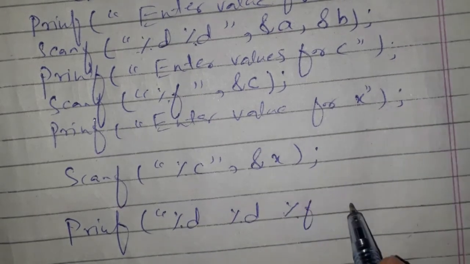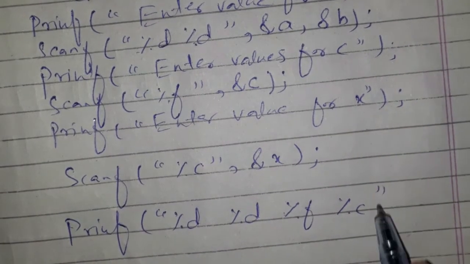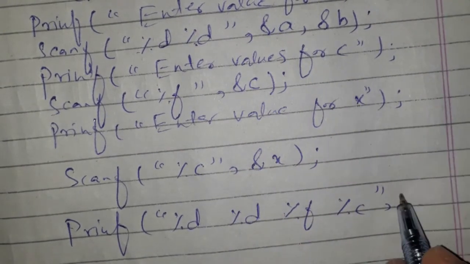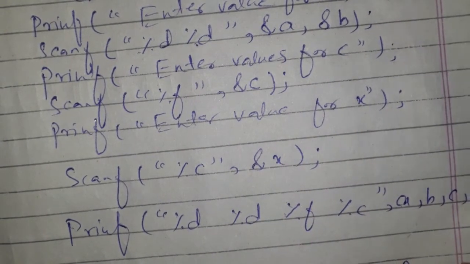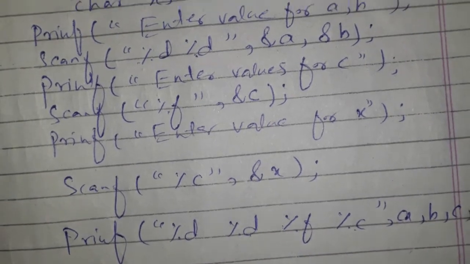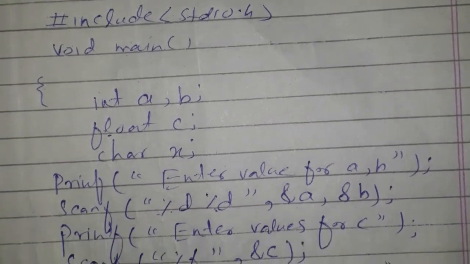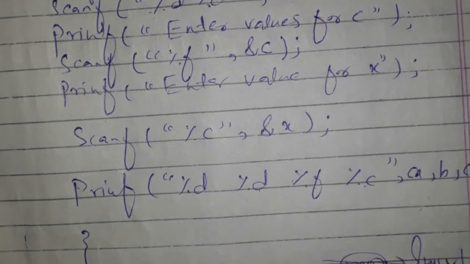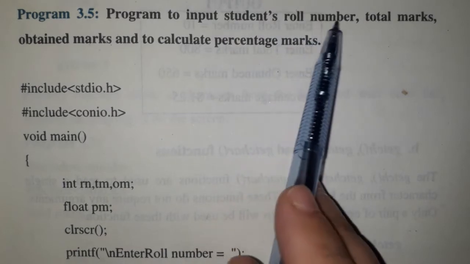So it is very simple to use the scanf function for inputting data from the keyboard. Now let's display it on the screen. Format specifiers %d are used for integer, %f for floating, and %c for character.